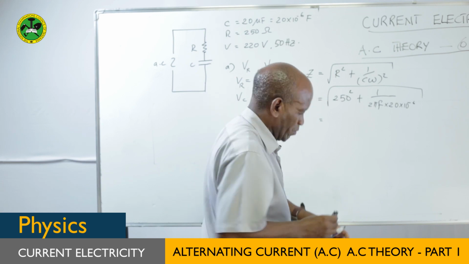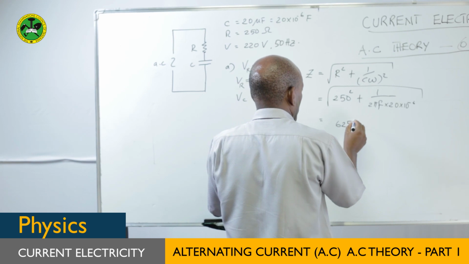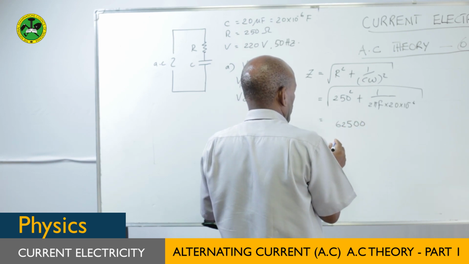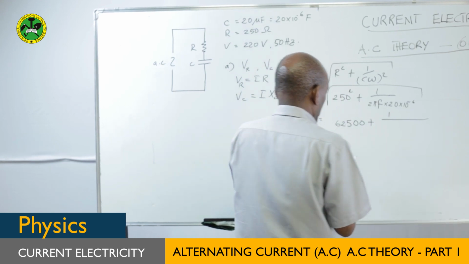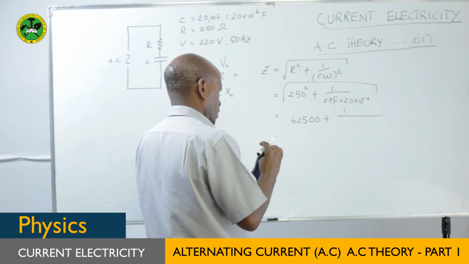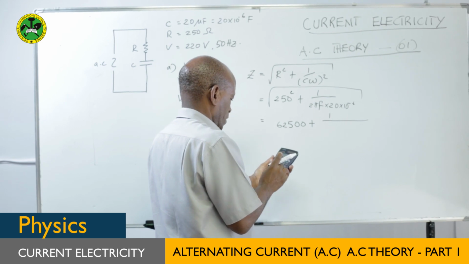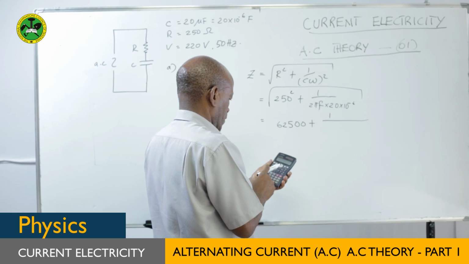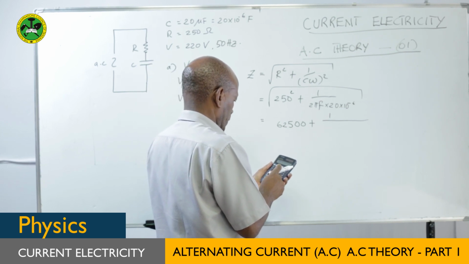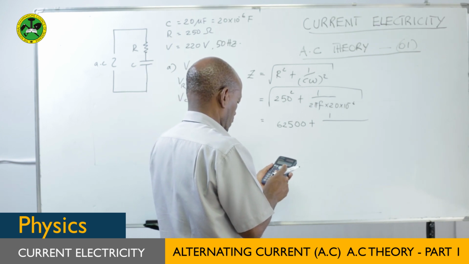R squared here will be equal to 62,500, and 1 over omega C will be equal to 1 over 2 times pi, 3.14, times F, the frequency of 50 hertz, times 20 times 10 power minus 6.